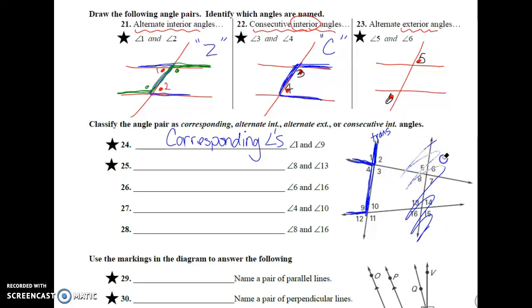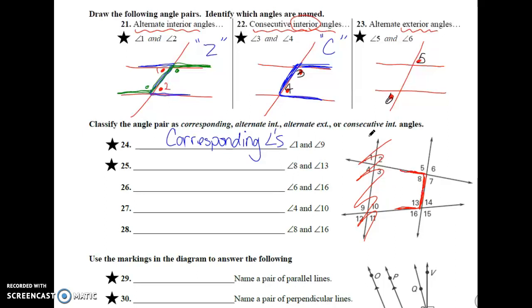Now I'm going to erase this mark I have on the other side here because we're going to need those. Question 25 asks about angles 8 and 13. And so now I would cover up that with my hand.